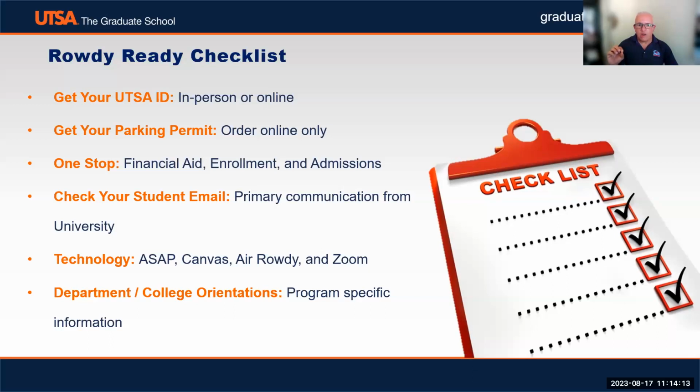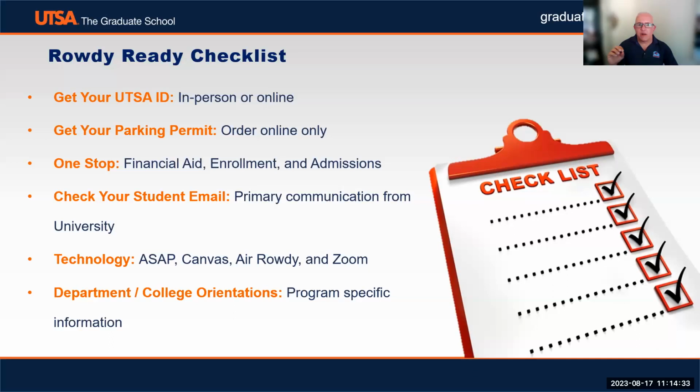The other part is, and a question that I get often is, do I need to attend the graduate school orientation because I already have a department or college orientation? The answer for doctoral students is yes, because the graduate school orientation for doctoral students is mandatory.